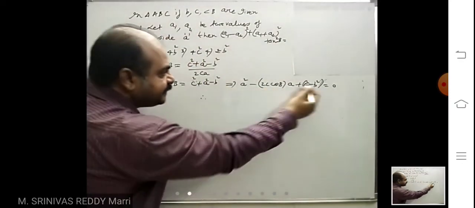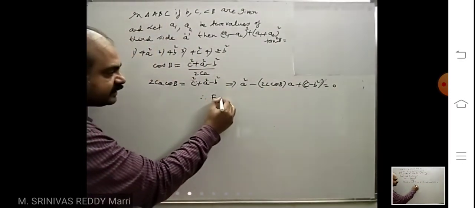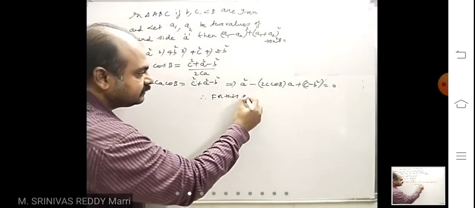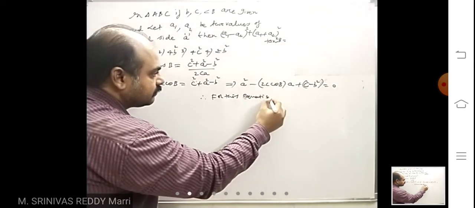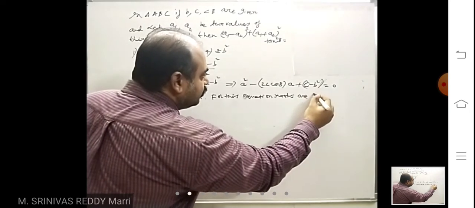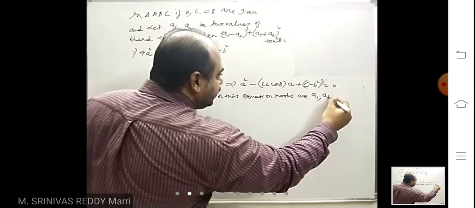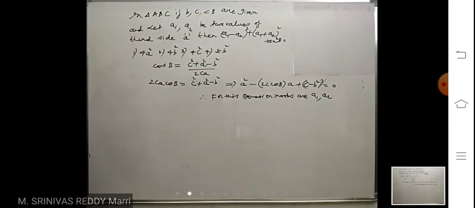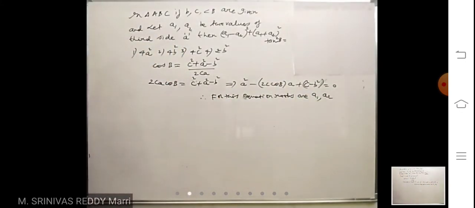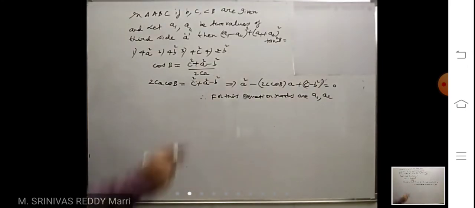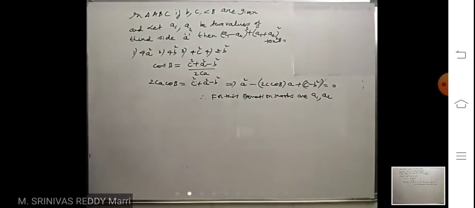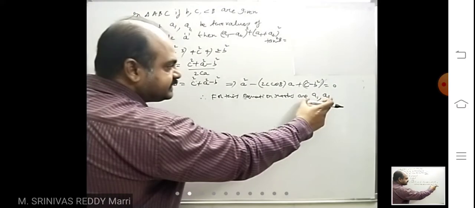Therefore, two values means the roots of this equation. You take A1 and A2 as roots, no need to solve.